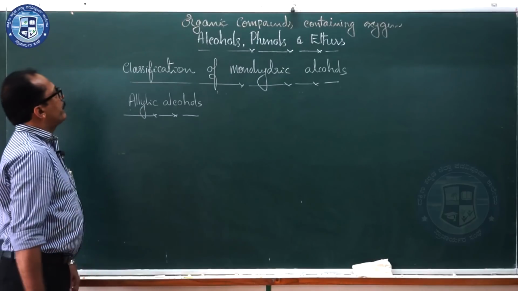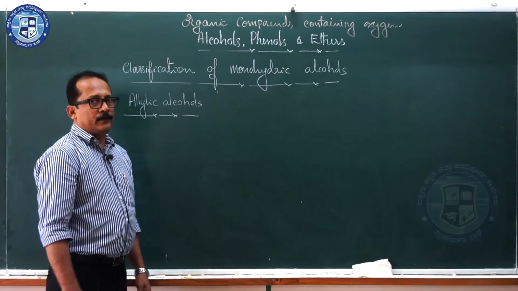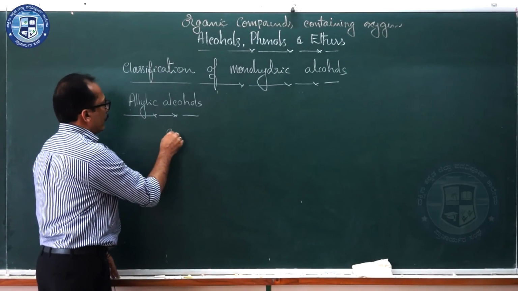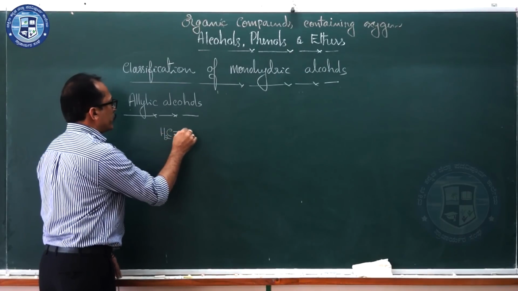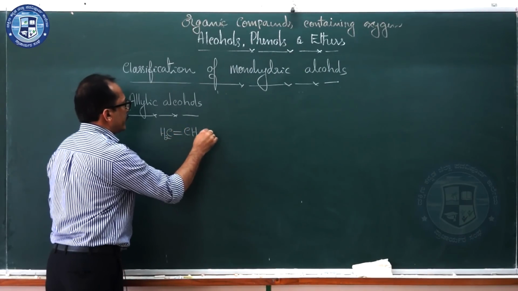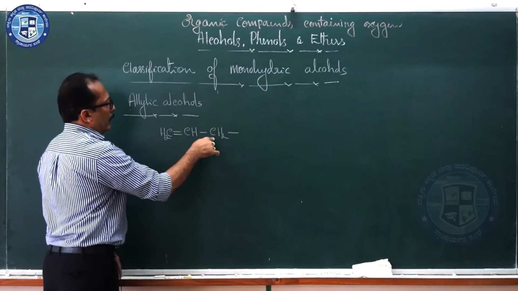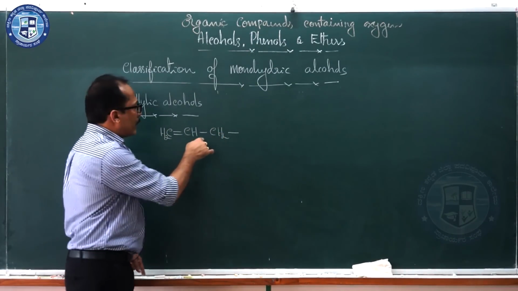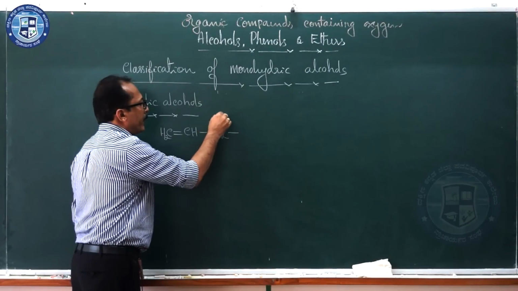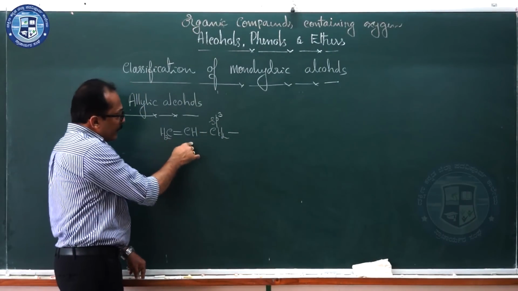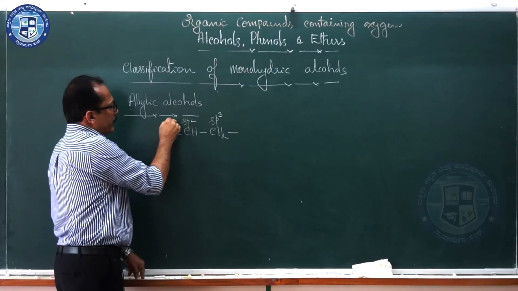Now first let me explain about the allyl group. Carbon-carbon double bond, CH2 double bond CH, and this is CH2. Now look here. The hybridized state of this carbon atom is sp3, and these two carbon atoms are sp2.